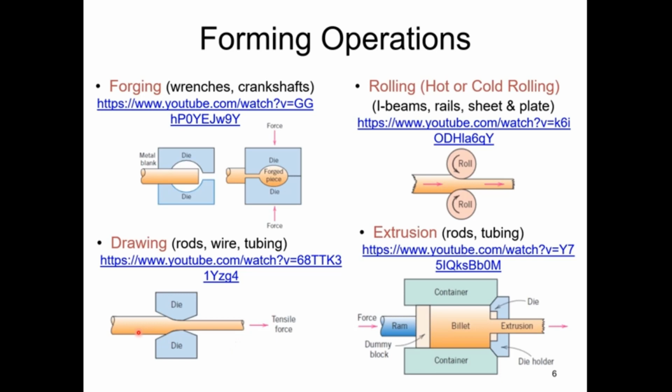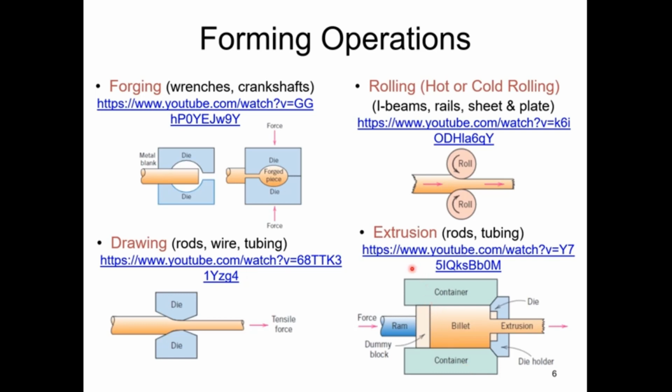This will cause a reduction in cross-sectional area with a corresponding increase in length. We increase the length and reduce the cross-sectional area. Drawing is normally used to produce rods, wire, and tubing.